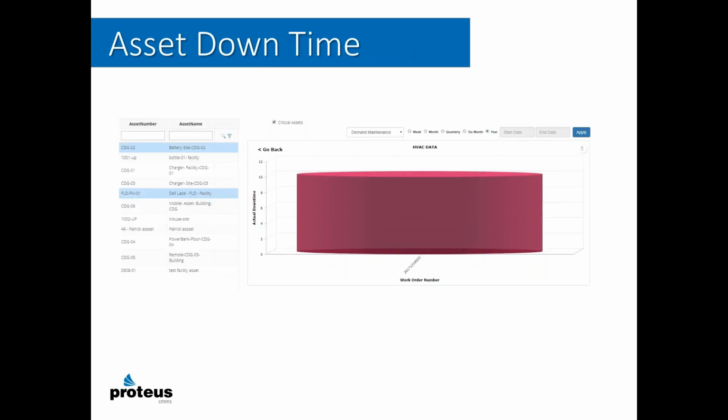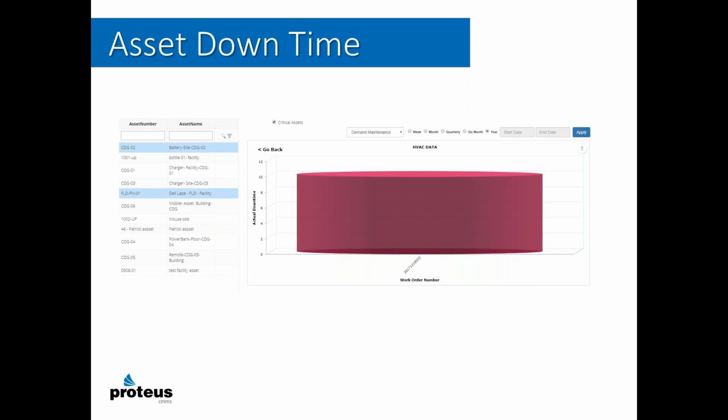In the manufacturing center, one of the most critical is looking at assets by downtime. And we've got clients that look at this in bar charts, line charts. I mean, how you look at it is again, a personalized type of thing. But number one, the system allows you to identify critical assets.